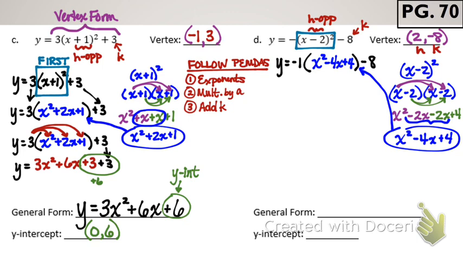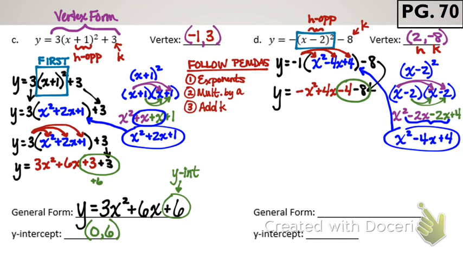We're going to distribute. We're going to multiply our a value. So I'm distributing the negative 1 to everybody. So I get negative x squared plus 4x minus 4, but then I still have that minus 8 on the end that needs to come down. Last thing we do is combine these two together.